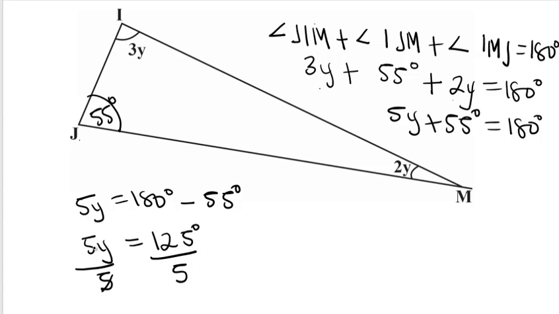Therefore, this 5 is going to cancel this 5, and this is going to give us y being equal to 25 degrees. So this is how we can solve for y, and that is question 3A of the WASSCE 2020 Core Math theory paper.